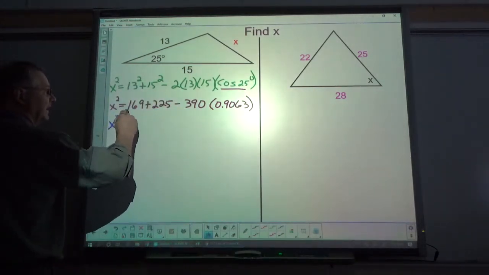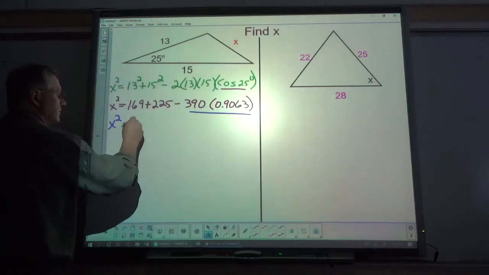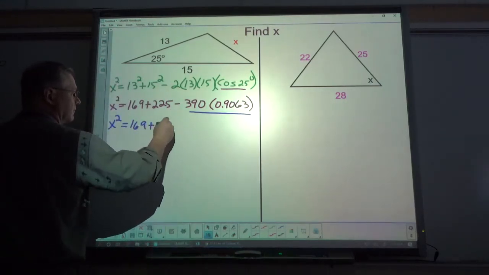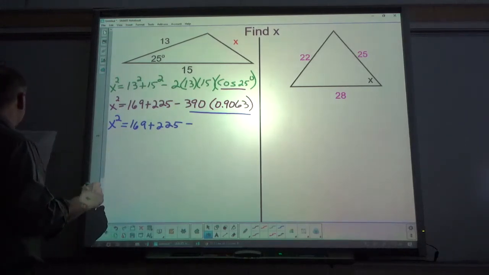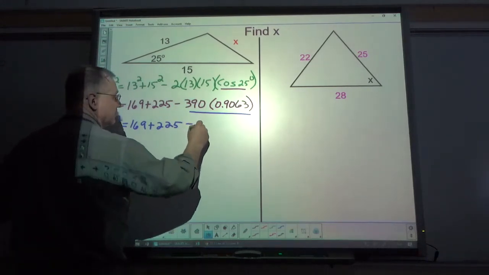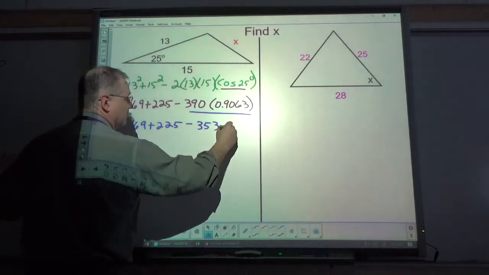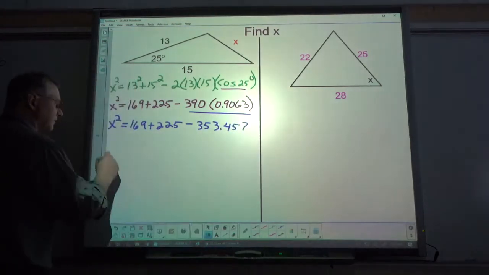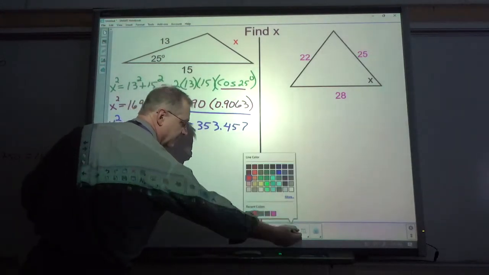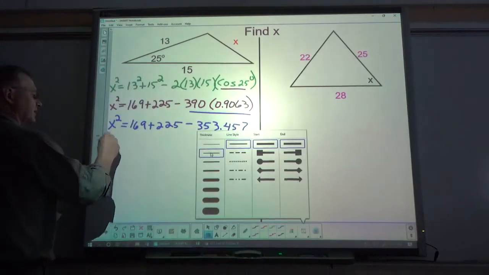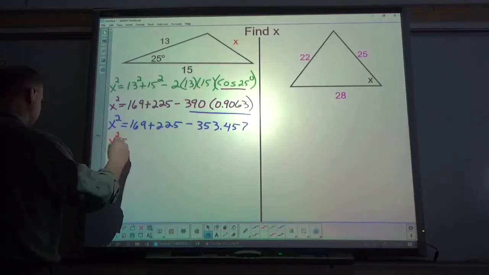I'm going to first calculate this. And that's going to be 353.457. And then I will go ahead and add these and subtract these up.